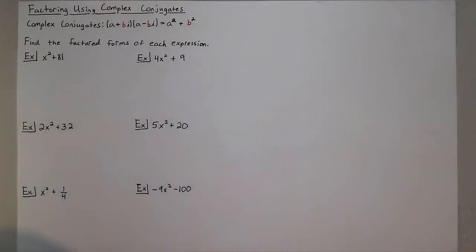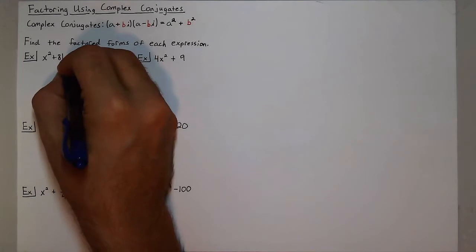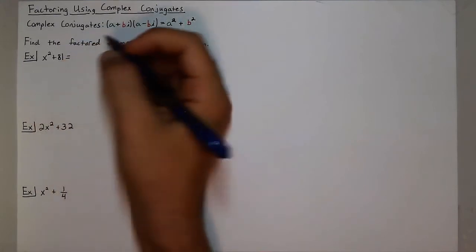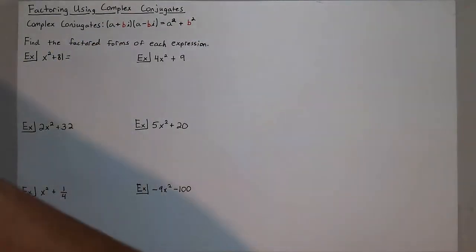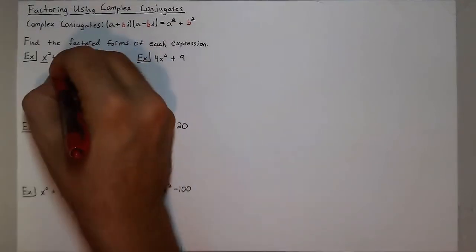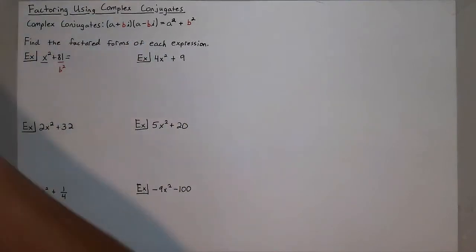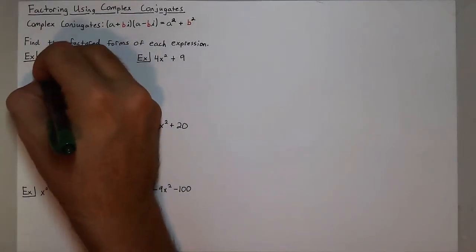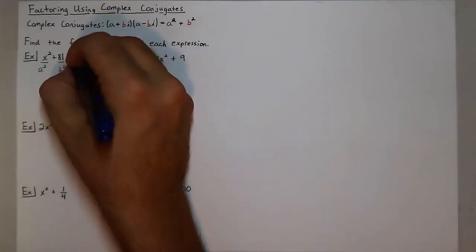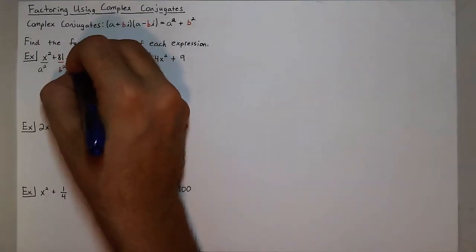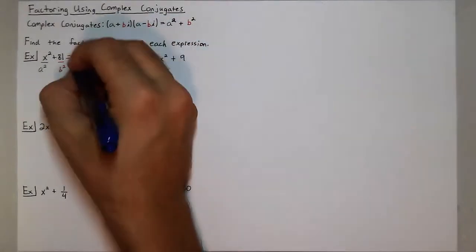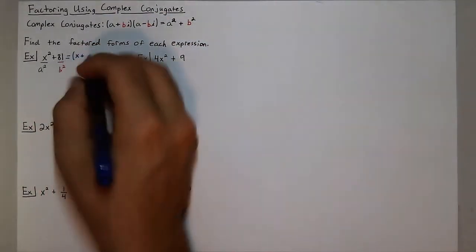So for x squared plus 81, these are both perfect squares. So I could look at x squared as a squared and 81 as my b squared. And then working backwards, I can see that the square root of x squared is x, and I'll get plus the square root of b squared, which is 9.